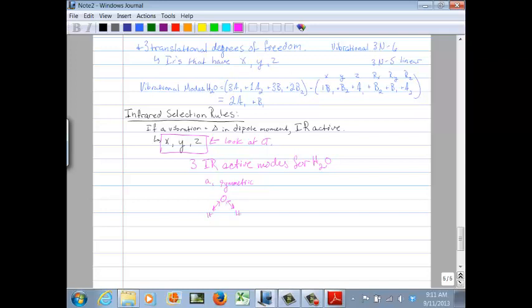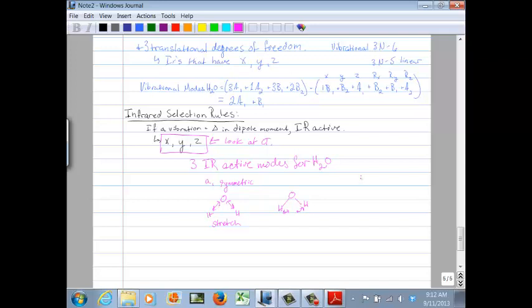Like when my head is the oxygen and my fists are the hydrogens, they're basically bending and stretching, compressing and stretching. So this is a bend. Symmetric stretch. The bend is when the two hydrogens are wagging in and out at the same time, symmetrically. Okay, that's a symmetric vibrational mode.